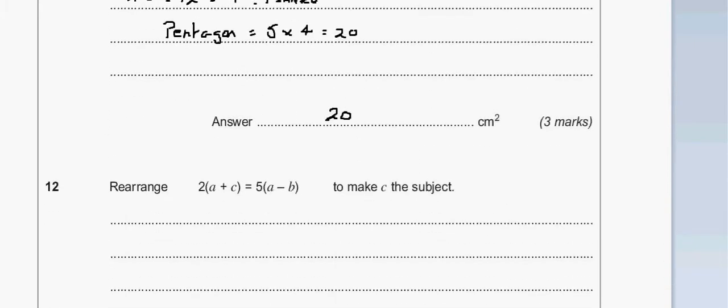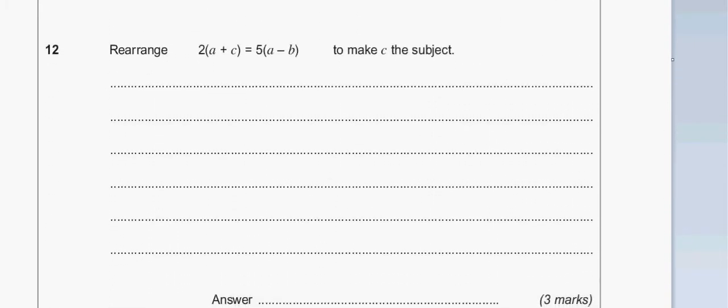Okay. Now we get to something that I'm sure you all love. Rearrange this equation to make C the subject. Okay, so we only have the one C, so that's good. That's one less thing to worry about. But it's stuck in a bracket, so we need to get it out of the bracket.